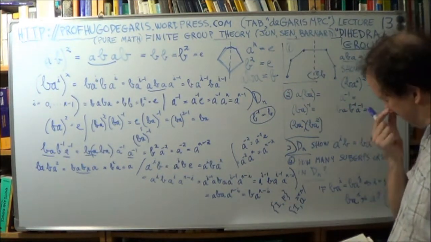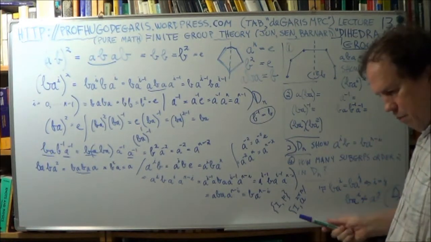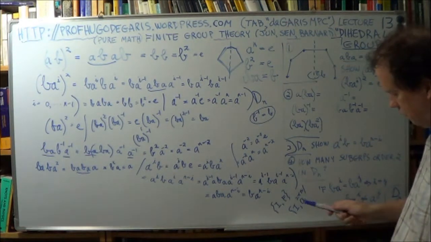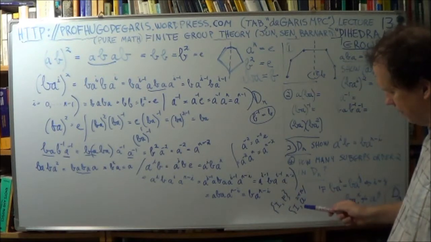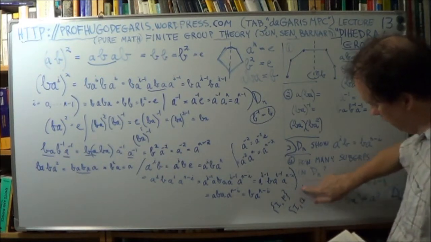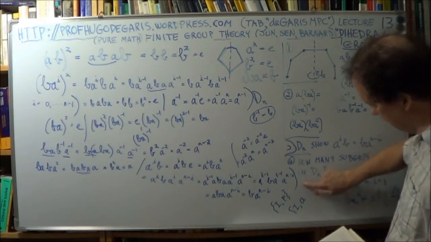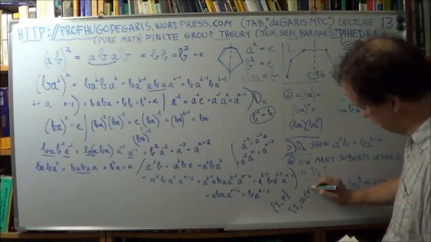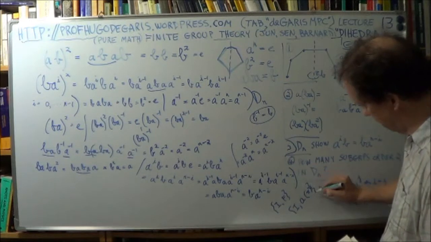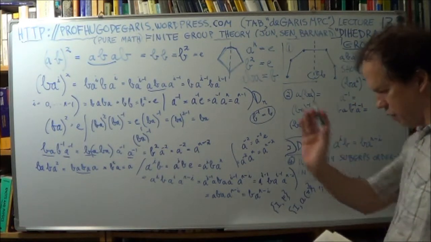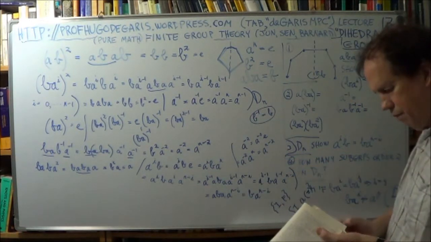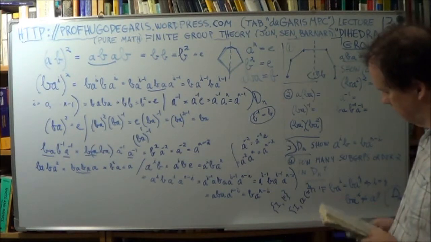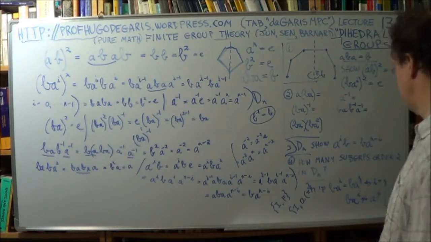But if the number of sides is even, you'll have these n plus this one, where your A is a rotation of 180 degrees.